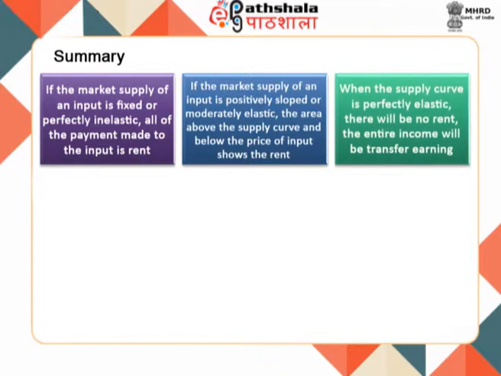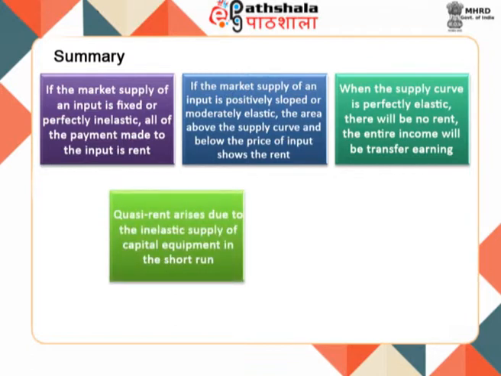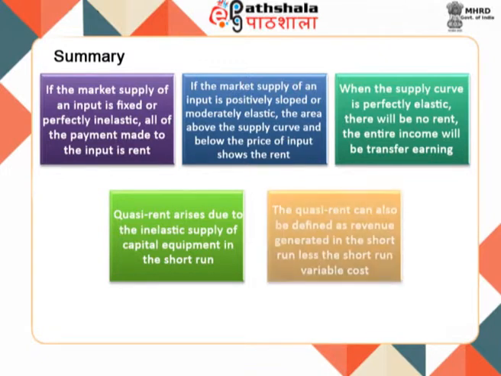When the supply curve is perfectly elastic, there will be no rent; the entire income will be transfer earning. Quasi-rent arises due to the inelastic supply of capital equipment in the short run. The quasi-rent can also be defined as revenue generated in the short run less the short-run variable cost.